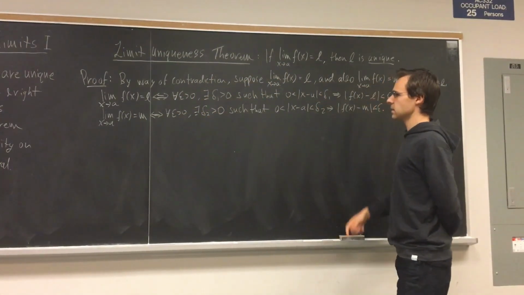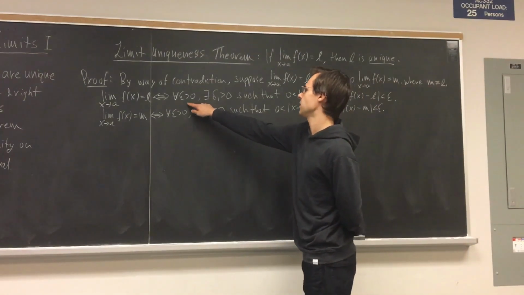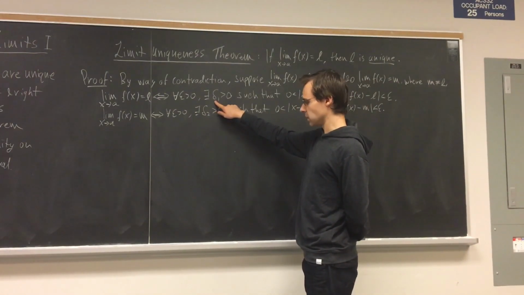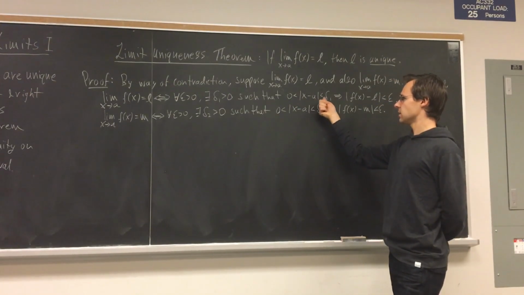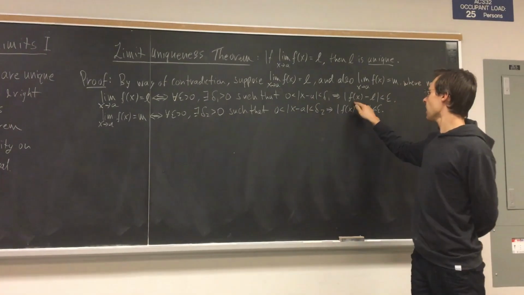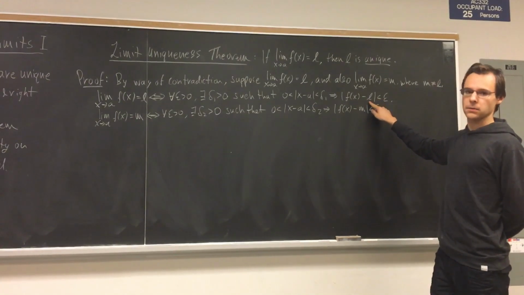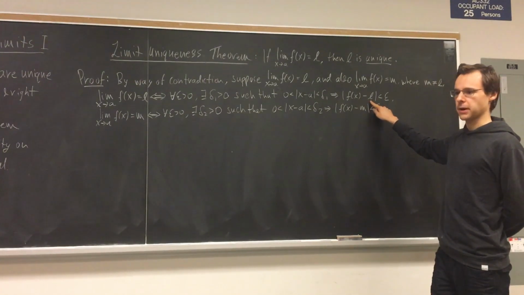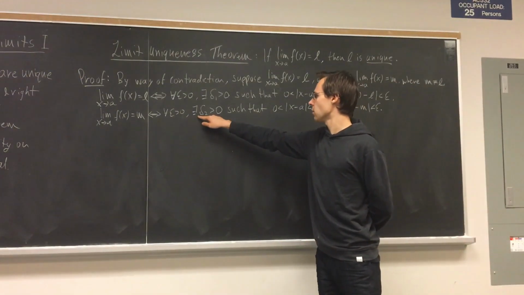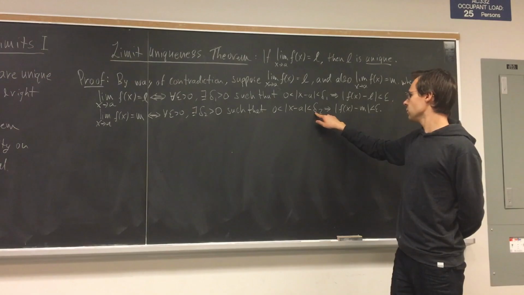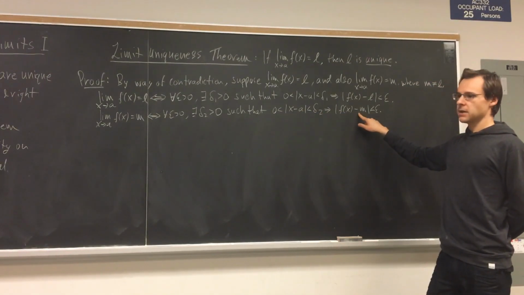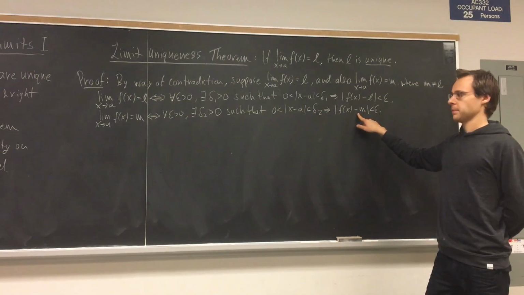Okay? Now let's take a look at what we have here. For all epsilon, there exists a delta 1, such that if x is chosen within a delta 1 window around a, then f of x is pretty close to L. It's within the epsilon band around L. Okay? Here we're told that there exists a delta 2, such that for all x within the delta 2 window, f of x is within the epsilon band around m.